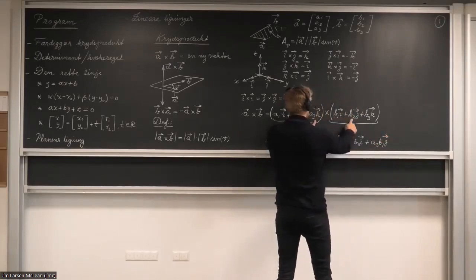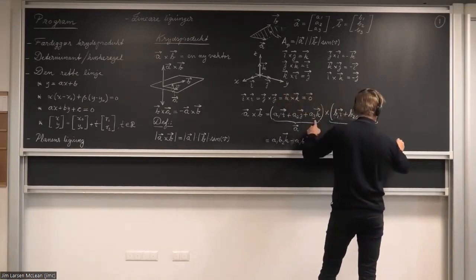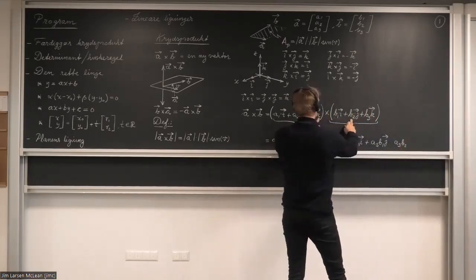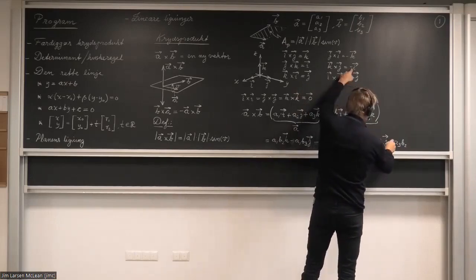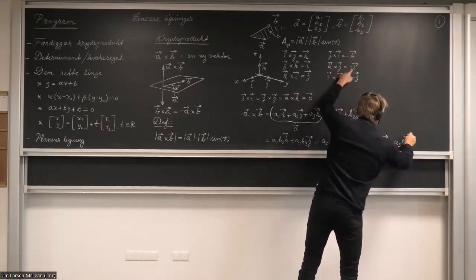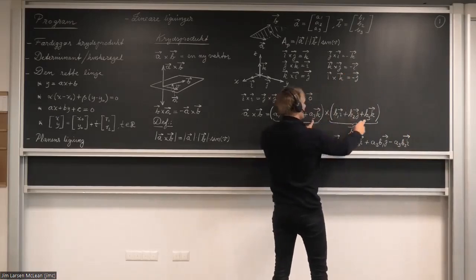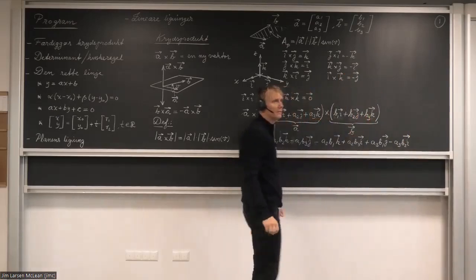Then A3 B2, and then it was k cross j, and k cross j gives minus i. And then I'm done, because the last one, that's k cross k, which becomes the 0 vector.